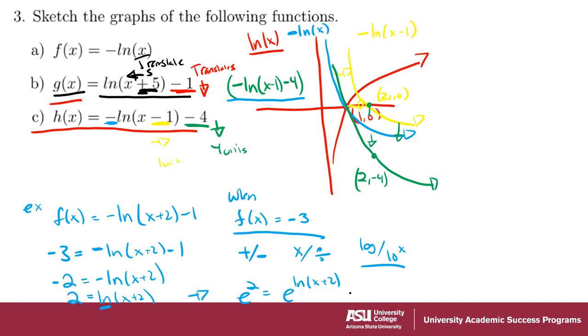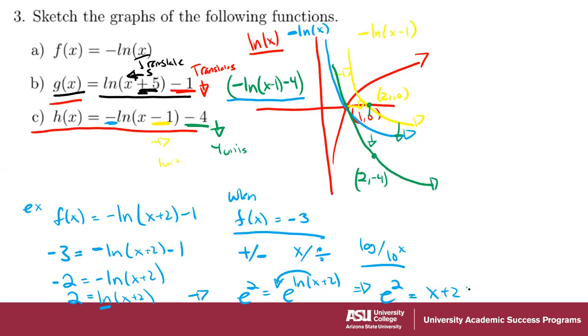So now we can say that e to the 2 equals x plus 2, because e to the ln of whatever's in the parentheses just brings out the x plus 2.